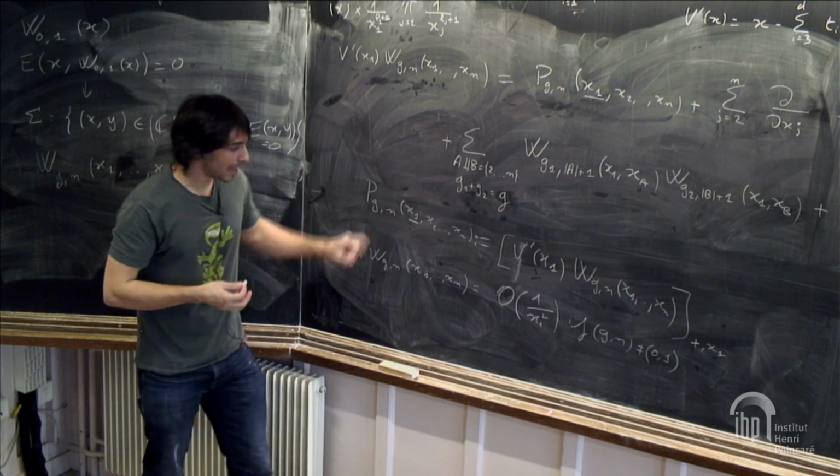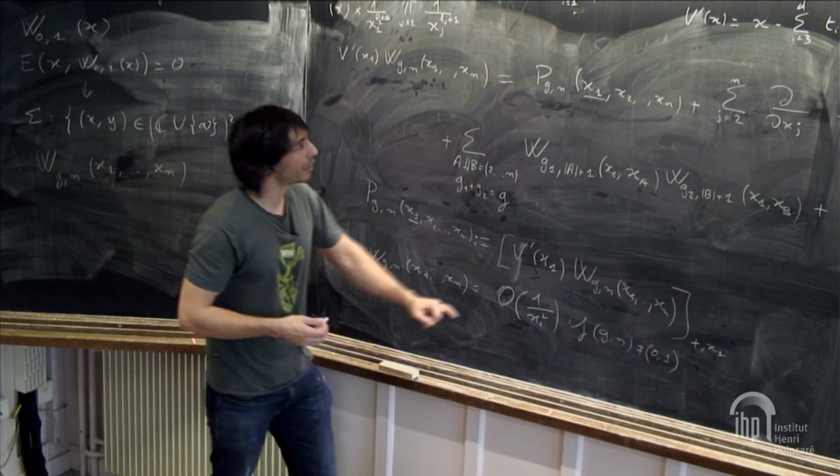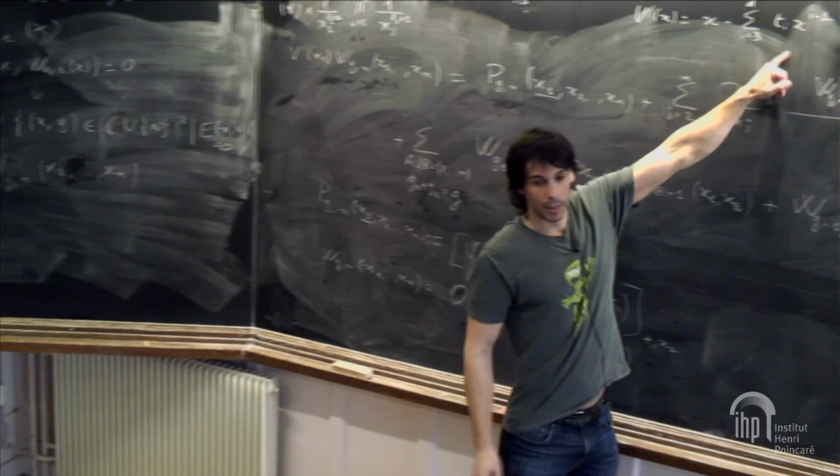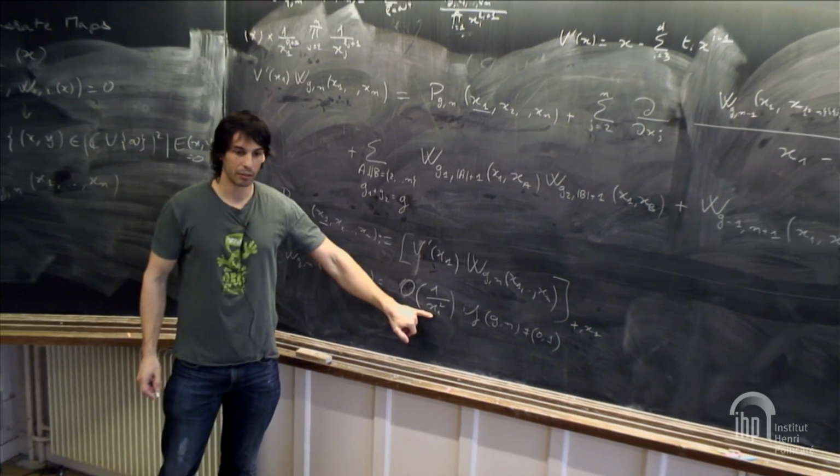So it's a polynomial, and I even know its maximal degree: the degree of v prime, d minus 1, minus 2.